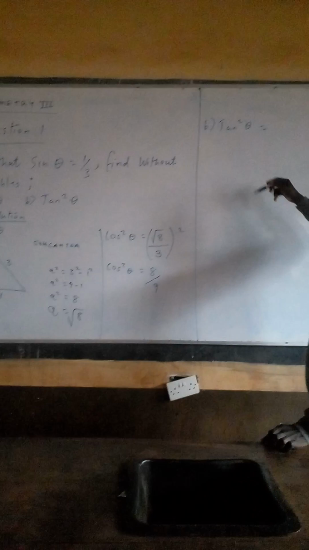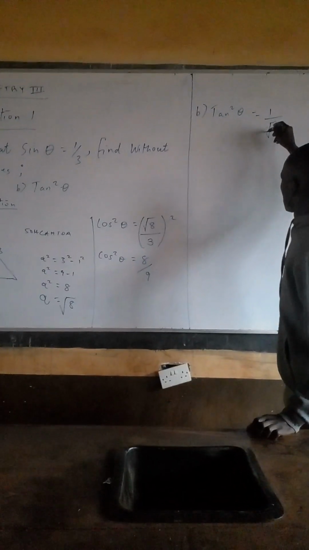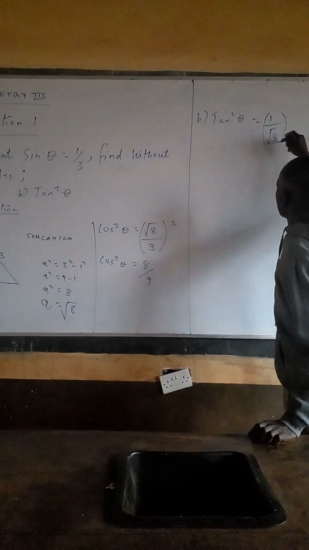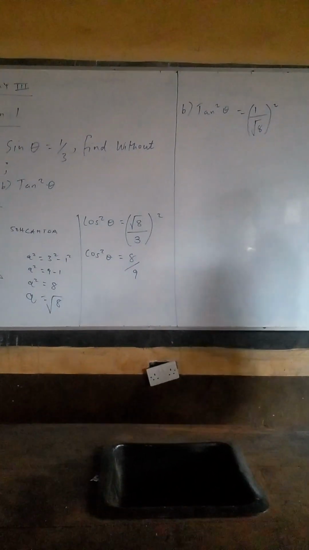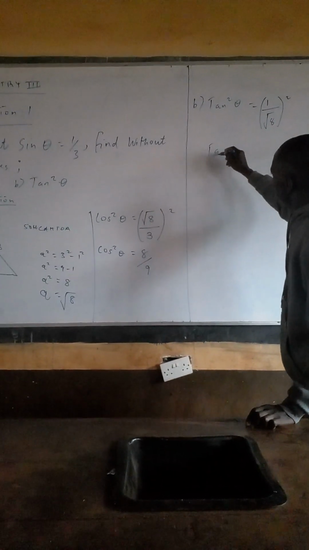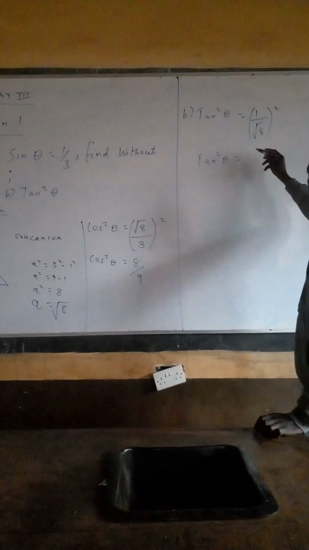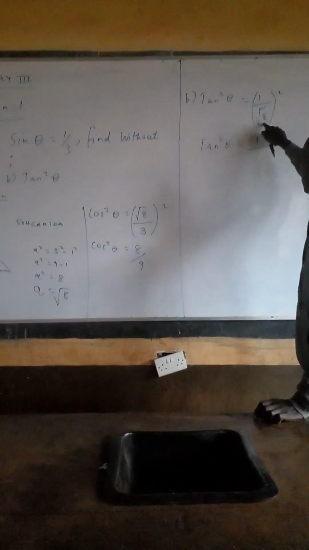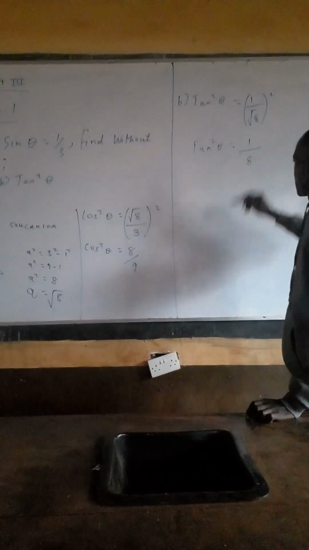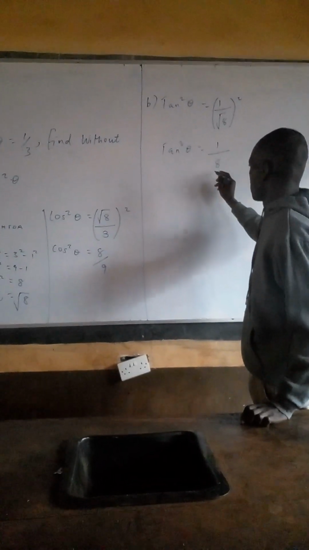So opposite is 1 over adjacent, which is the root of 8. We are required to square all these components, so tan squared theta will be equal to 1 squared, which is 1, over the root of 8 squared, which is 8. So at the end of the day, we shall have our tan squared theta being equal to 1 over 8.